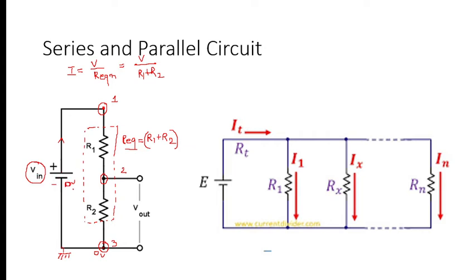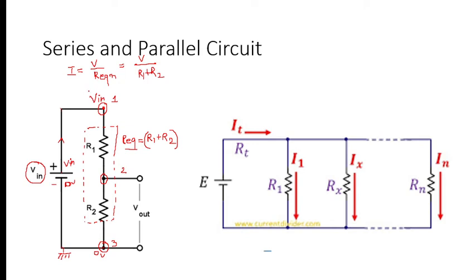If it is 0 on this side, the other side will be V in. As there is no change of voltage along the wire, here also the same voltage, so they are on an equipotential line. Here also it has the same voltage, so we get the voltage as V in.